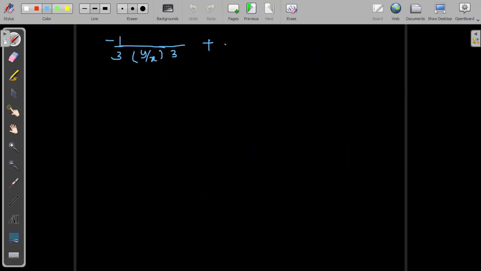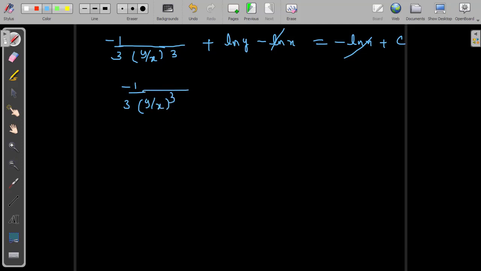So it's a logarithmic rule: ln y minus ln x equal to minus ln x plus the integration constant c. Ln x cancels out. So finally minus 1 by 3 times y by x to the power 3, plus ln y equals c, which is the general solution of equation 1. This is the way of solving a homogeneous differential equation.